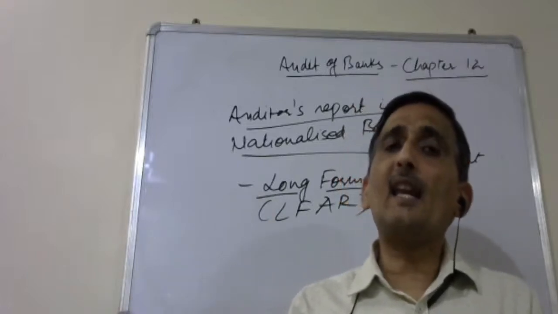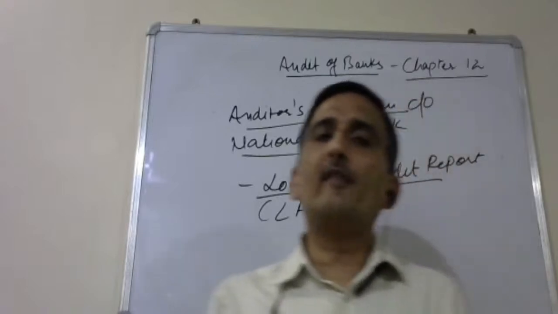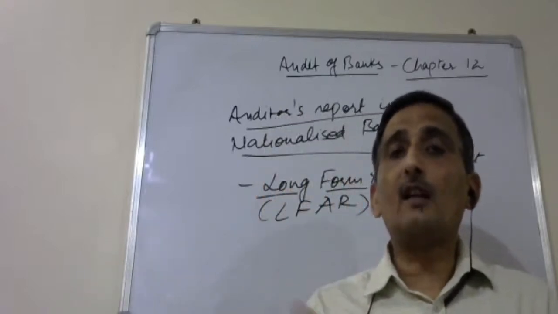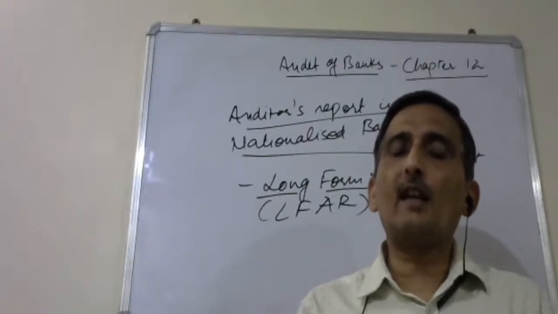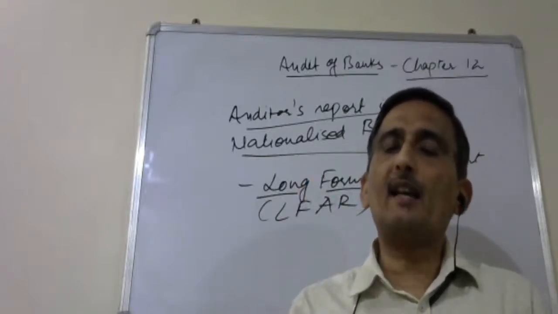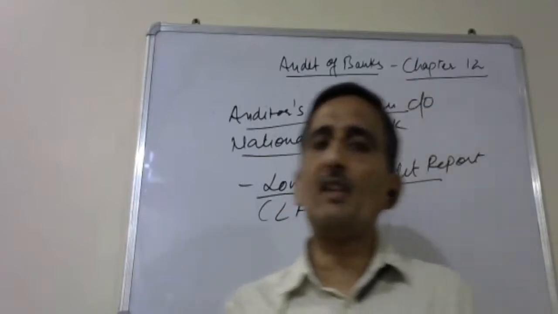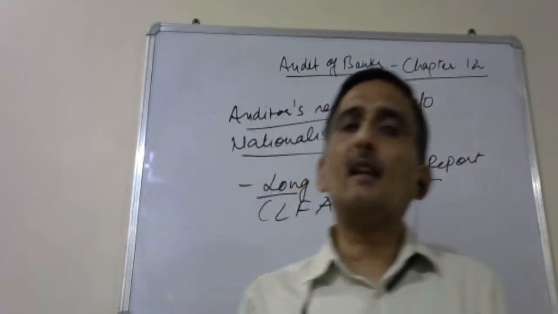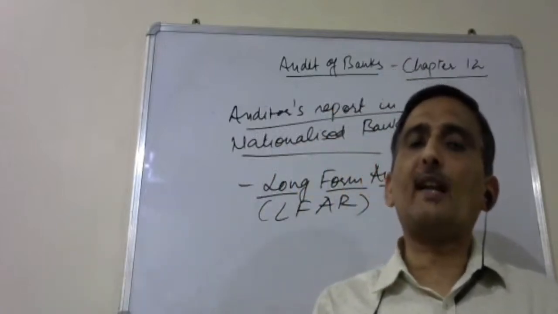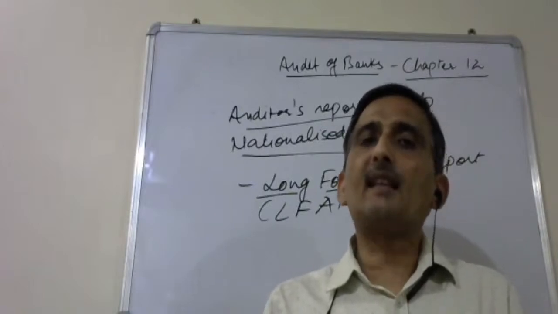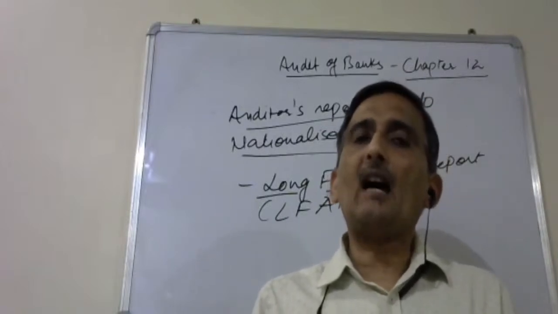Similarly, he has also to give declaration of indebtedness, that he is not disqualified to act as an auditor. Same limits which you had done in your chapter on company audit. Okay, disqualification limits.